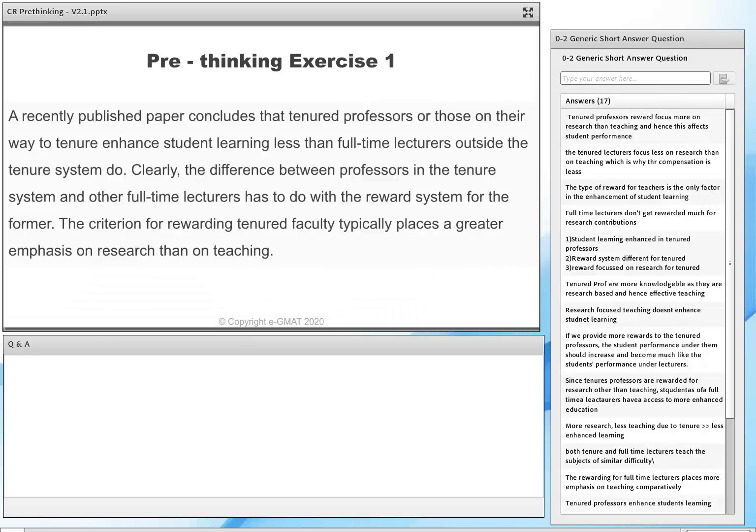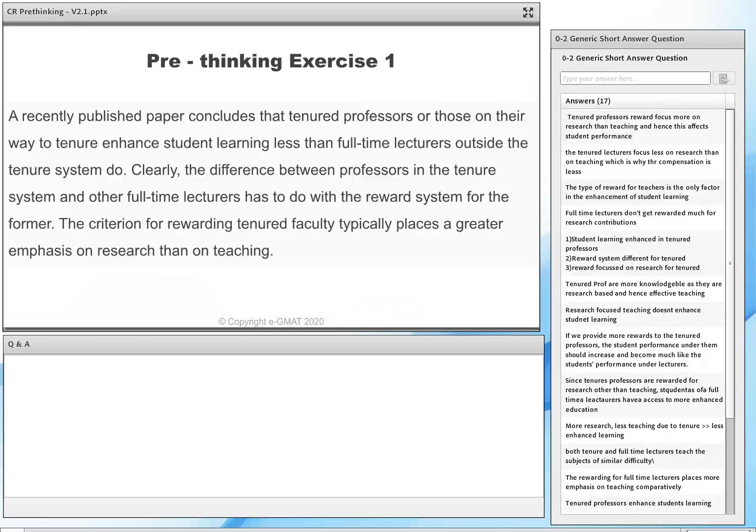Okay, so I have some really good answers, a few very, very good answers, and some answers which don't focus as much on the core idea. Some answers talk about the reward system for full-time lecturers. They are, I would say, around the right idea.